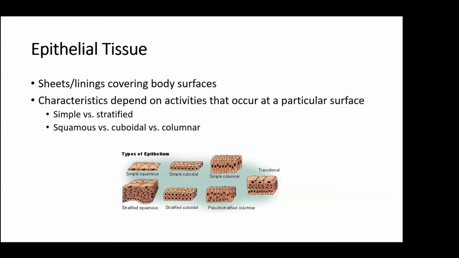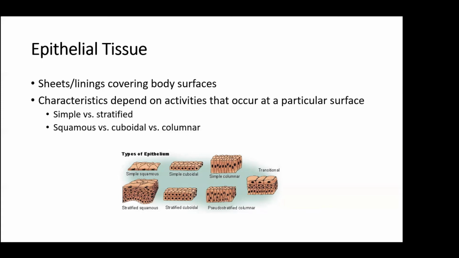We'll see them on the outside of the body in the skin. The characteristics of that epithelial tissue depend on what that lining needs to do, like what it needs to block out, whether it needs to secrete stuff, whether it's designed for absorbing things, or whether it's designed for coming into a lot of contact with stuff.